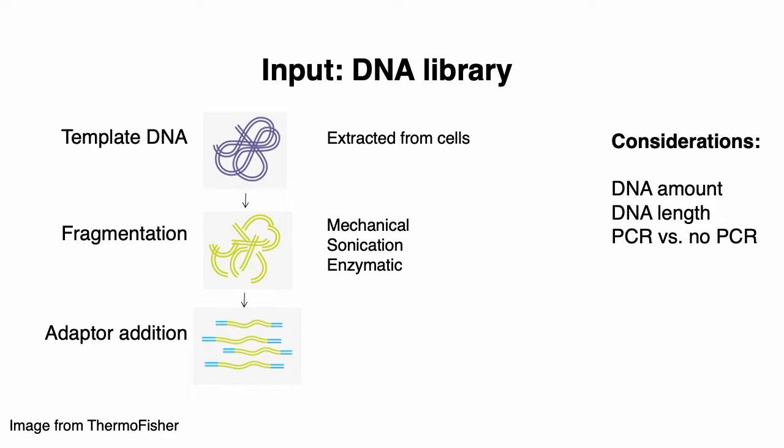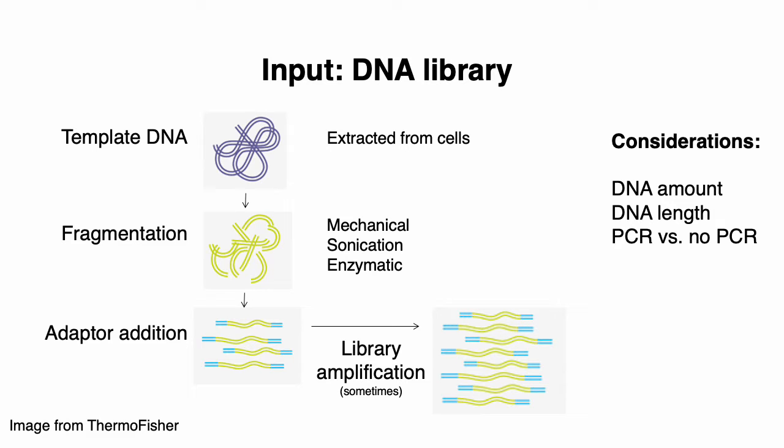Or they might contain complementary sites which allow you to bind these fragments to some kind of fixed platform. In Illumina's case, Illumina uses a technology called a flow cell, which we'll talk about in a second. Basically the role of the adapters is to help bind and fix these reads to this flow cell so that you can then do sequencing.